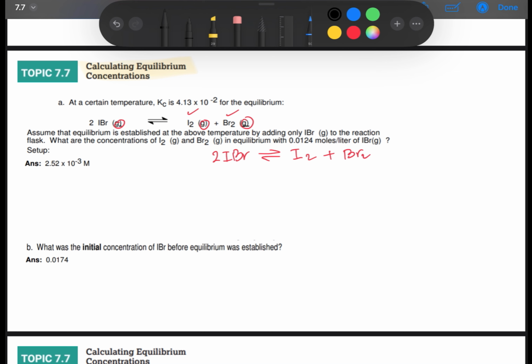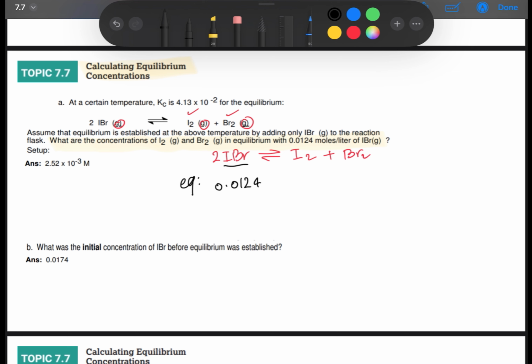But let's see what the given information is. Now, according to the question, it says, what are the concentrations of I2 and Br2 at equilibrium with 0.0124 moles per liter of IBr? So at that point, we can notice that the only piece of information given to us is the concentration of IBr at equilibrium, which is 0.0124.